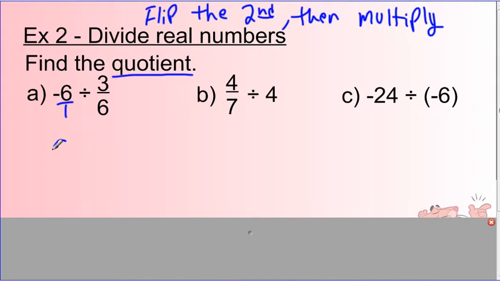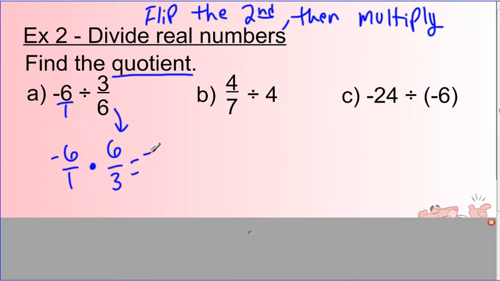So let's do that. This is going to become -6/1. You flip this upside down. That's the reciprocal of this. And then you change it to multiplication. And now you follow the multiply rules. You multiply across the top, you multiply across the bottom, simplify your answer.